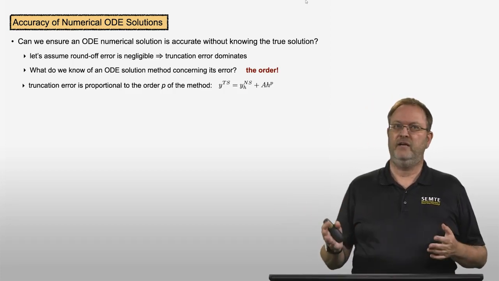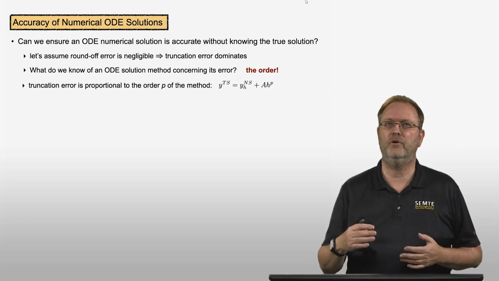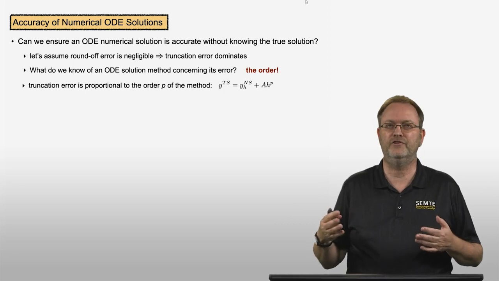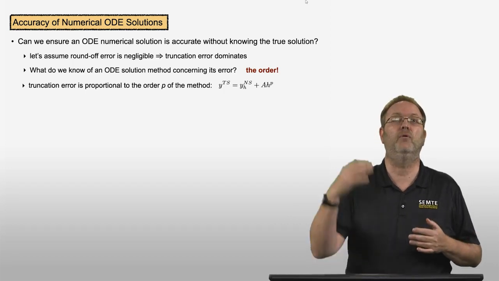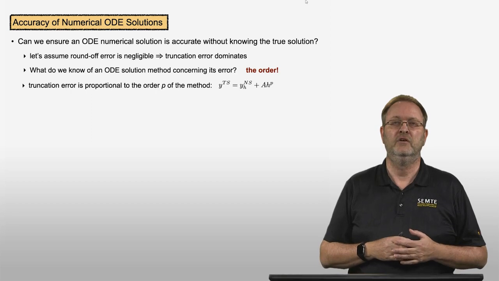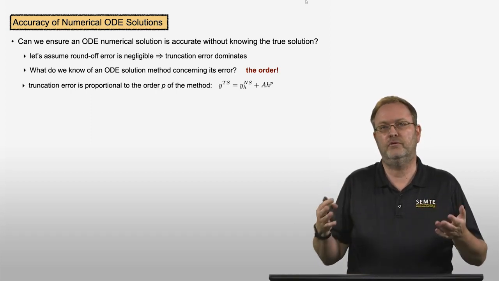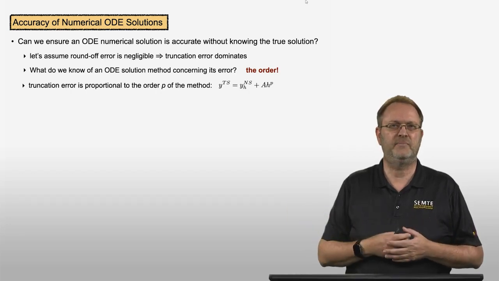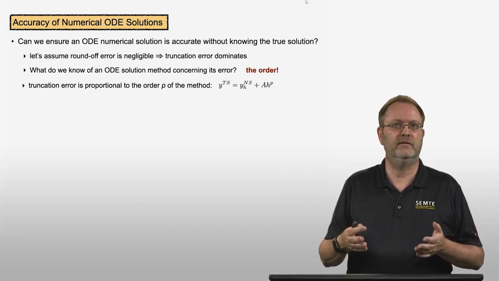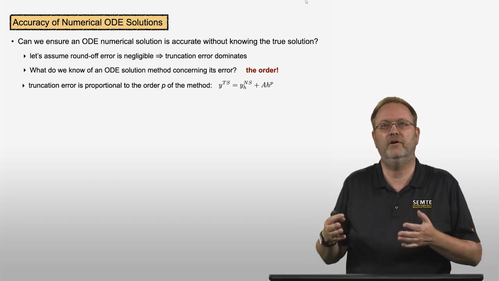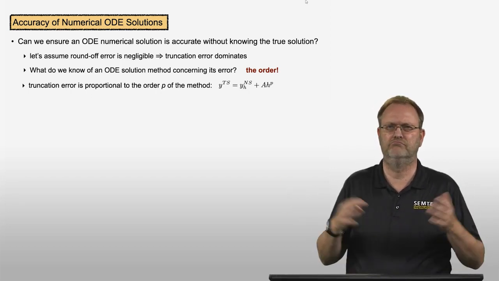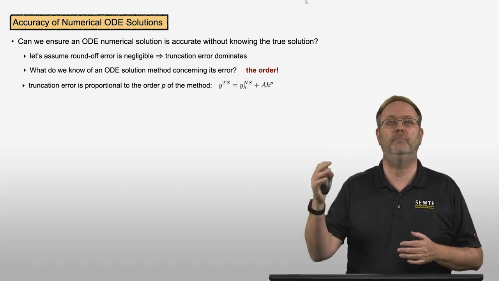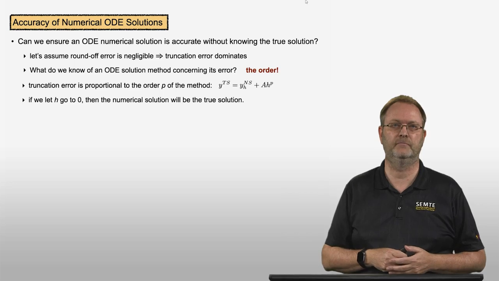Well, that means that the truncation error is proportional to the step size to the power p, the order of the method. So I can write that the true solution is equal to the numerical solution at a given step size h, plus the error. But the error is some unknown coefficient a times step size h to the power p, where p is the order of the method.